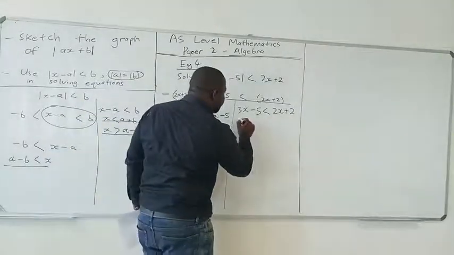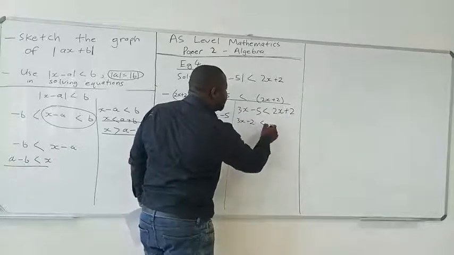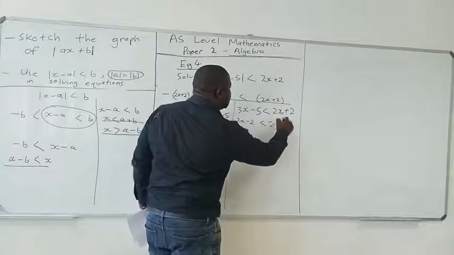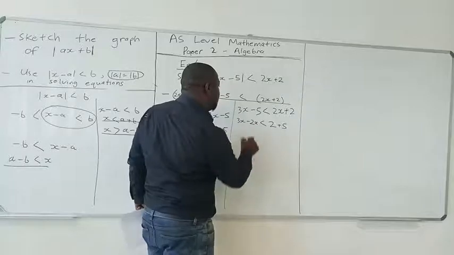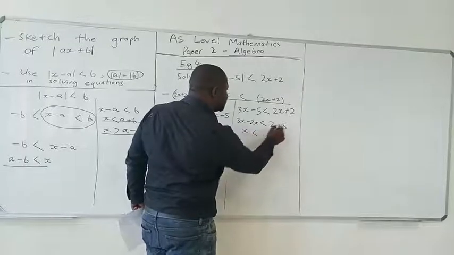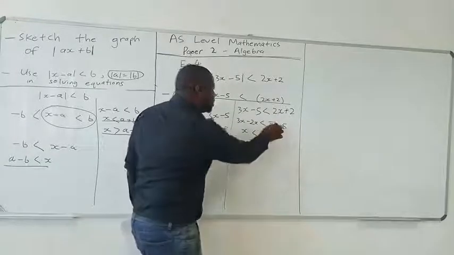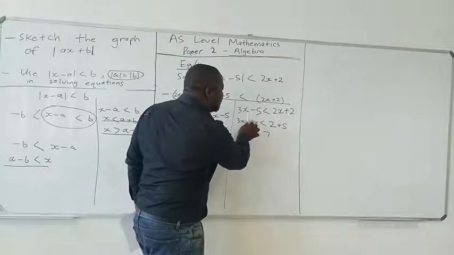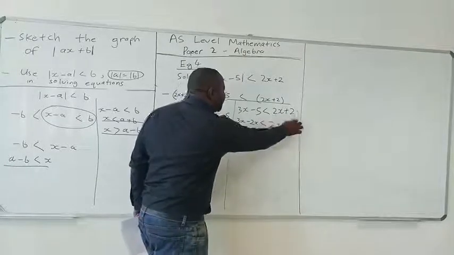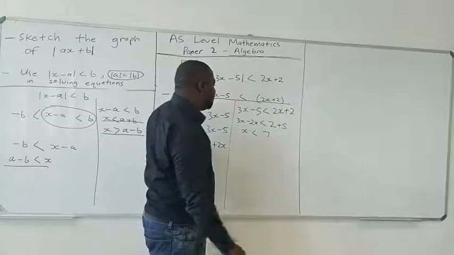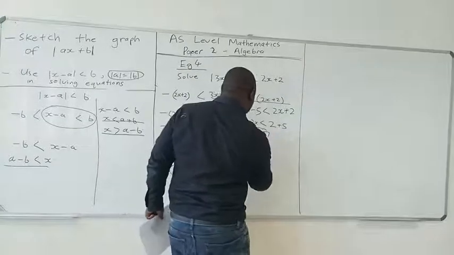We bring this that side, it becomes 3x minus 2x is less than 2 plus 5. Okay? So it becomes x is less than 7. It's just moving the 2x to the other side, it becomes a negative 2x. Moving the negative 5 to the other side, it becomes a positive 5. So x is less than 7. This is our second answer.